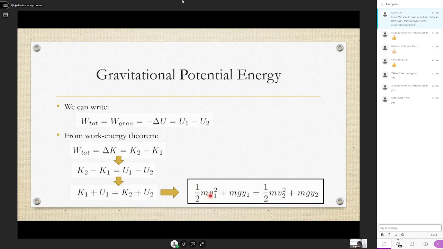Half mv squared is the kinetic energy for the initial state, plus mgy1, which is the potential energy for the initial state, equals the same thing but for the final state. In other words, energy initially must equal energy at the final state.